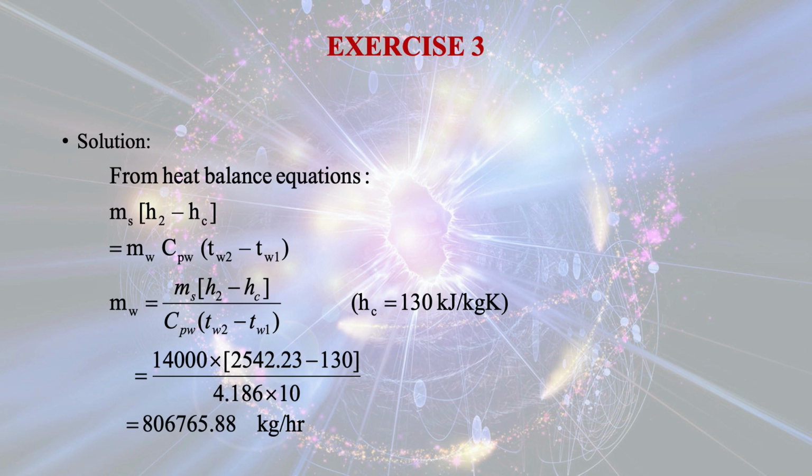If you put all the values, there is no problem in calculating Mw. So Mw is equal to Ms multiplied by (H2 minus Hc) divided by Cpw multiplied by (Tw2 minus Tw1). If you put all the values on the right hand side, you will get the value of Mw, that is equal to 806765.88 kg per hour.